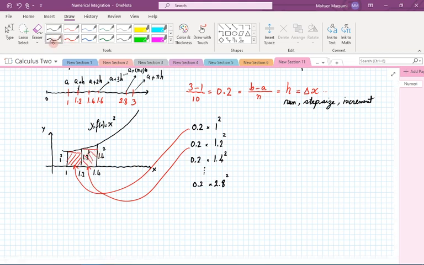So we go all the way to the very last. The last one is from 2.8 to 3, but I'm building it on the left side. So the height of this is determined from the left, so it's 2.8.